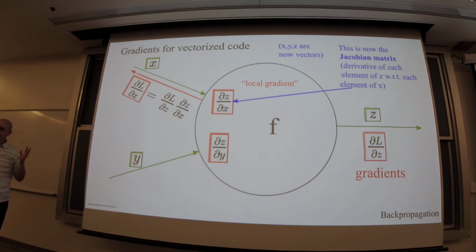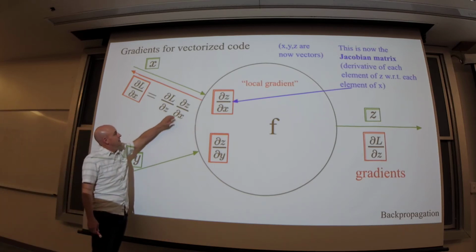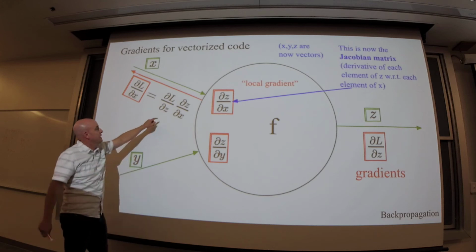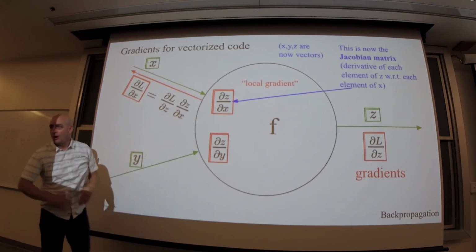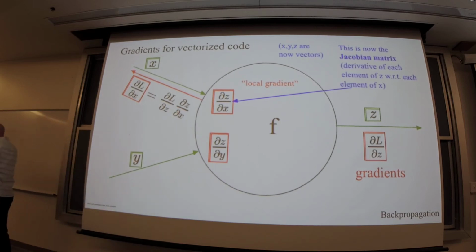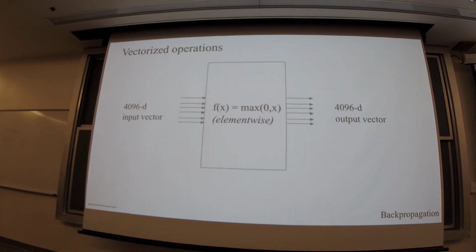Be brave, try, don't be paralyzed, and just make sure, when you're doing this multiplication, that the shapes are such that you're multiplying the right z's with the right z's, and it will all work out the right way. We'll do an example here in a second. Oh yeah, let's take a look here.